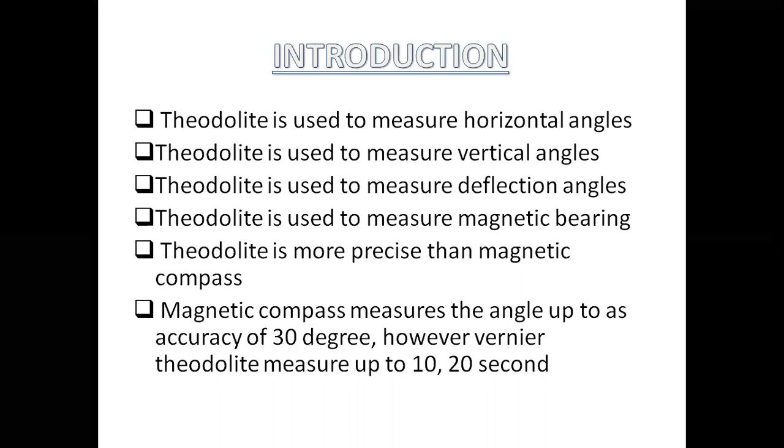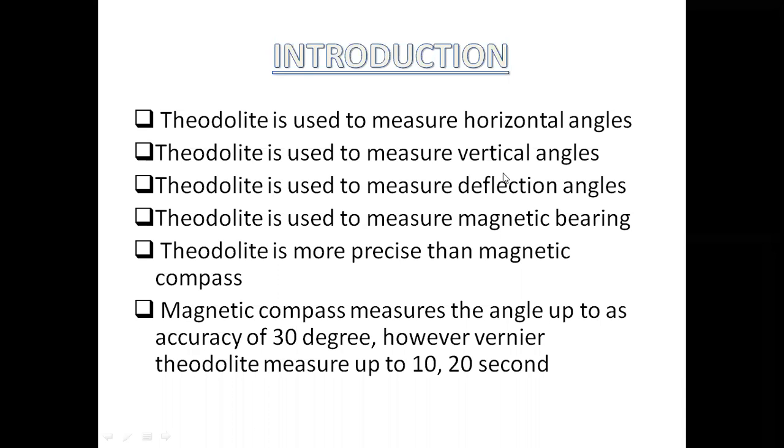Also the theodolite can be used for measuring the magnetic bearing. What is meant by magnetic bearing? Magnetic bearing is the angle between the north pole of the earth and that particular point. It is taken for the location of the point on the earth.